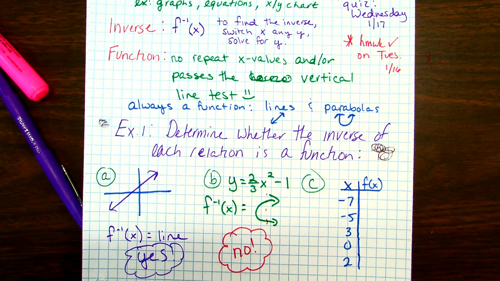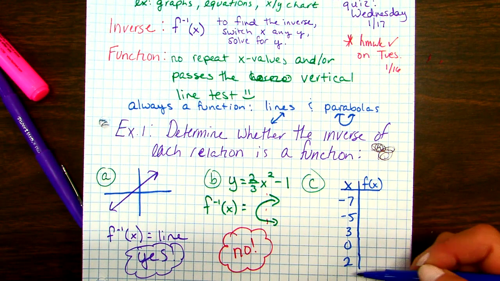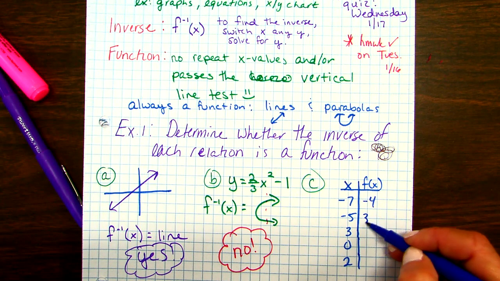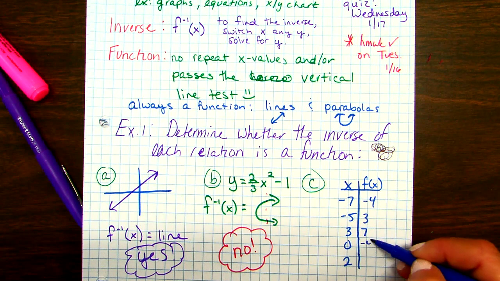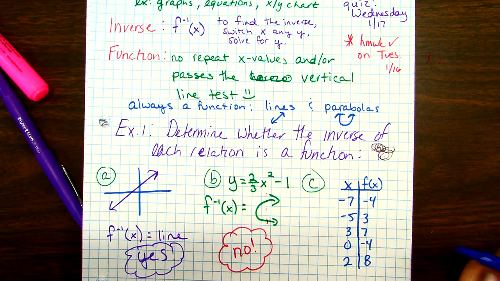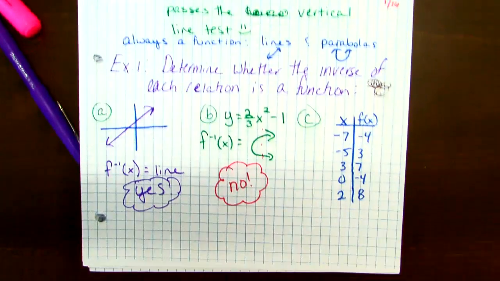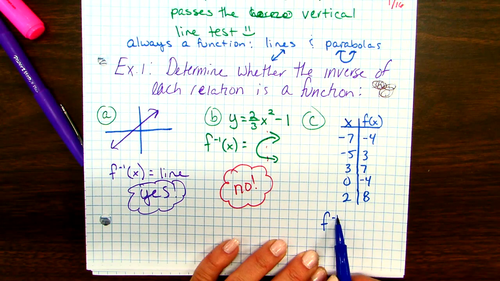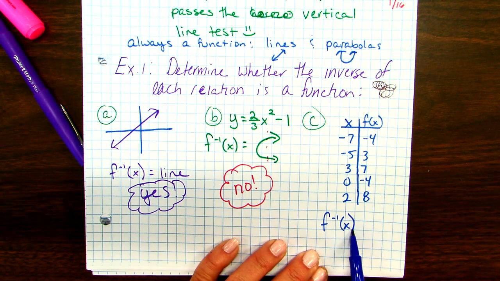No matter what the y values are, this is a function because none of them are repeating. So that's a relation, a bunch of ordered pairs. Is the inverse a relation? Yes or no?